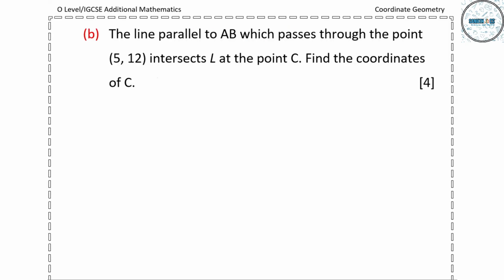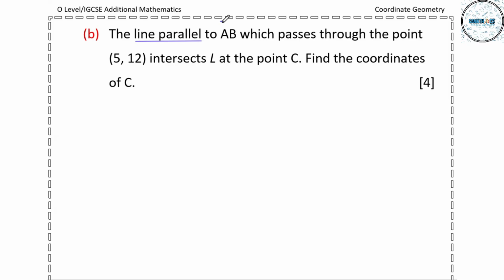Part B, the line parallel to AB which passes through the point (5, 12) intersects L at the point C. Find the coordinates of C. The line which is parallel to AB has the same gradient as AB.